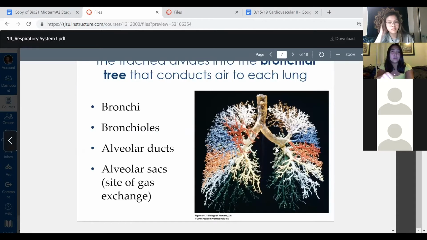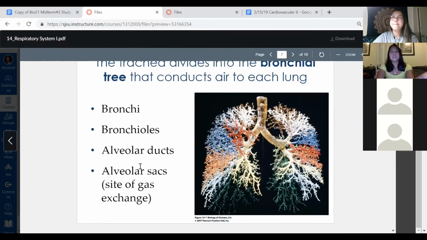The alveolar sacs are the most important part of the tree because that's where you exchange your gases, oxygen and carbon dioxide. It is a tree because it's basically doing the same function as a tree, getting rid of the carbon dioxide. So hopefully that made sense.